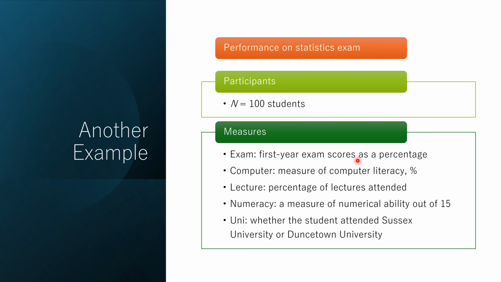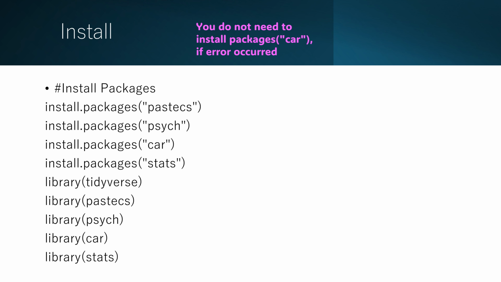The variables include exam score in percentage, computer literacy, lecture attendance rate, numeracy ability in math out of 15, and the university name, either Dunstown or Sussex. We will use this dataset to test normality again and practice using the Shapiro-Wilk test on multiple variables.